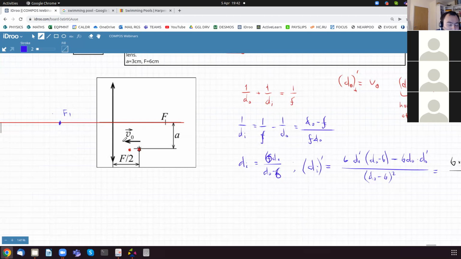Now, we start drawing principal rays. So first, the principal ray goes from the ant through the middle of the lens. That's the first principal ray. The second principal ray goes parallel to the axis and then goes through the focal point.